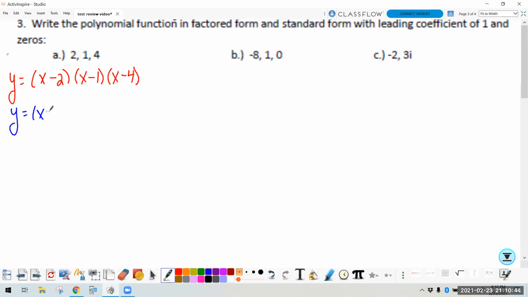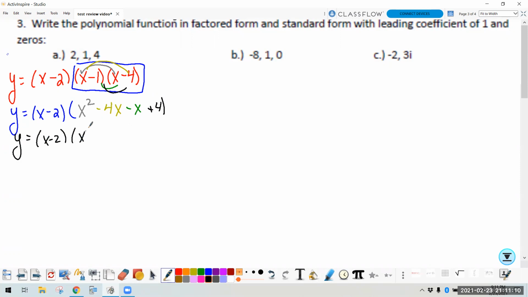I'm going to choose to multiply these binomials together first. You can box method, you can FOIL, you can distribute. We've got x times x, x times negative 4, negative 1 times x, negative 1 times negative 4.